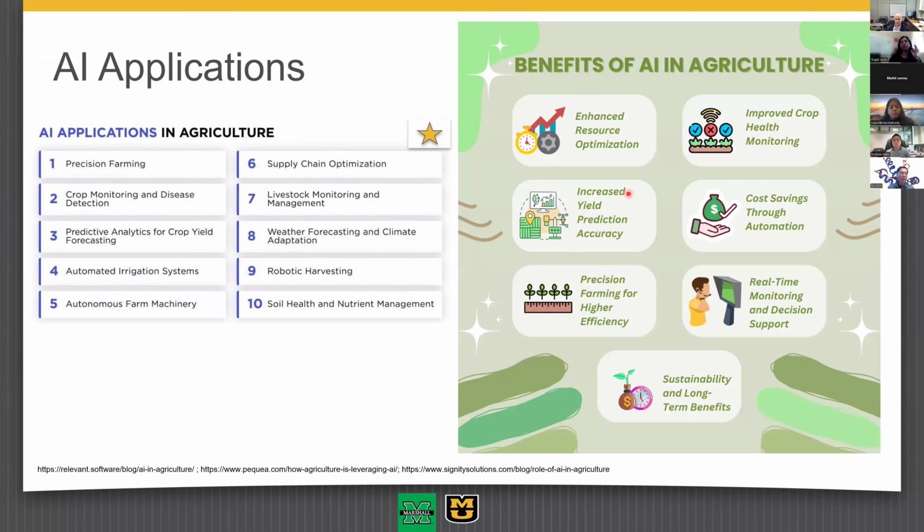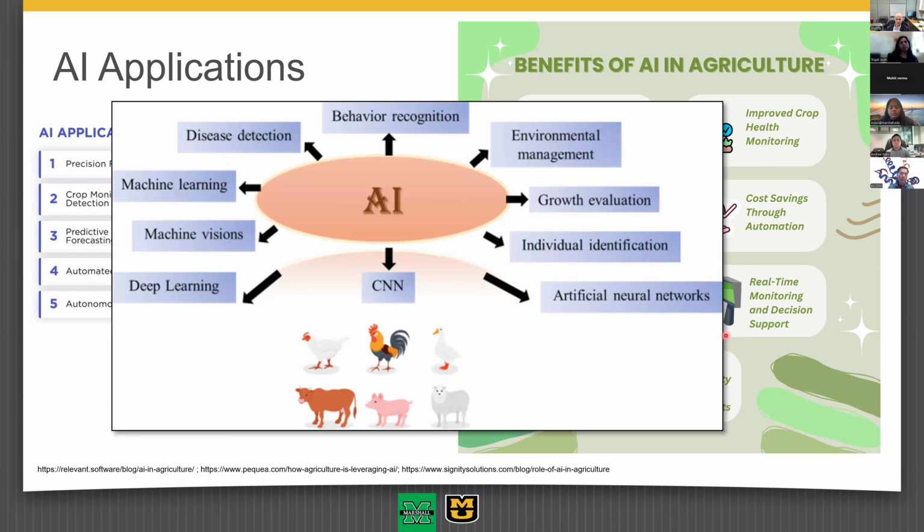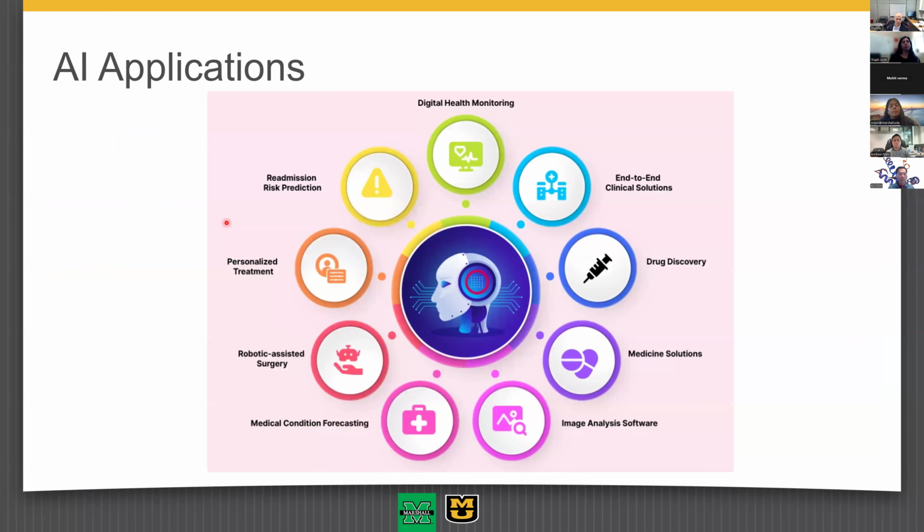They are also focusing more on precision farming and how you use the sustainability component of everything that needs to be applied from a farming perspective. If you're looking at animal science studies, they are again using a lot of AI in understanding the behavioral mechanisms between the animals in a cattle or beef industry, or environmental management, their growth potential, really their disease detection by automating and using sensors for a lot of these studies.